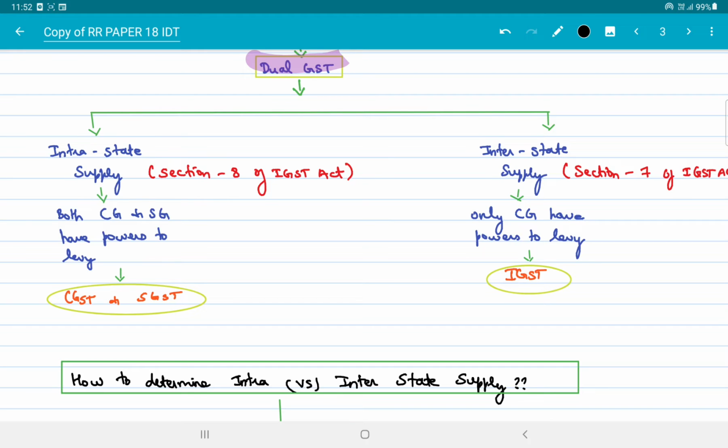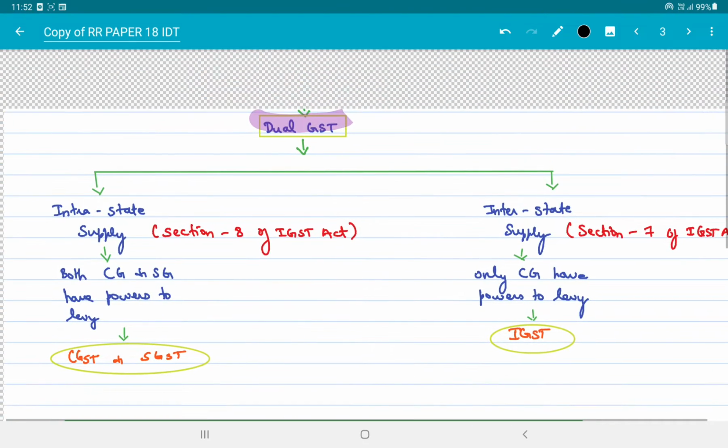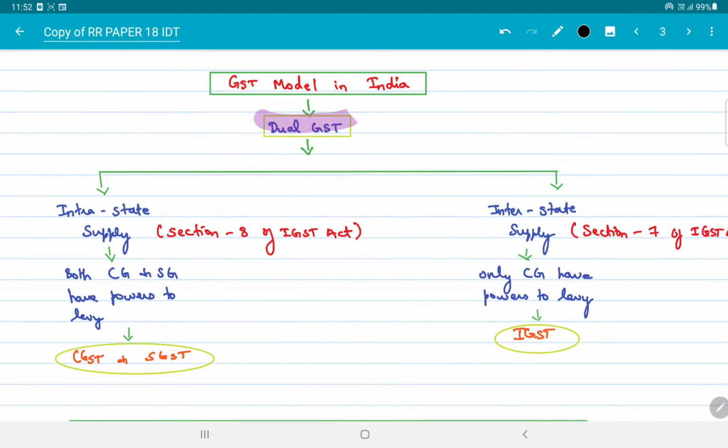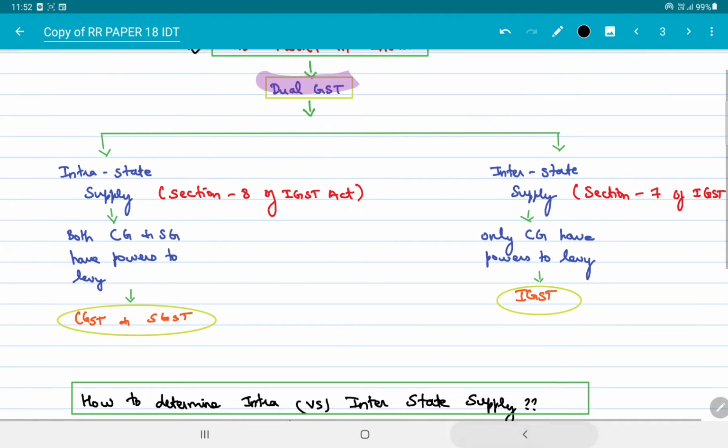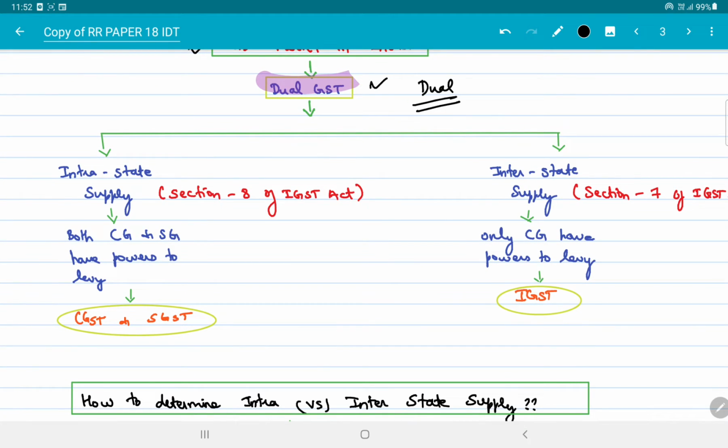When I talk about the GST model in India, there is a dual GST model. How is it dual?